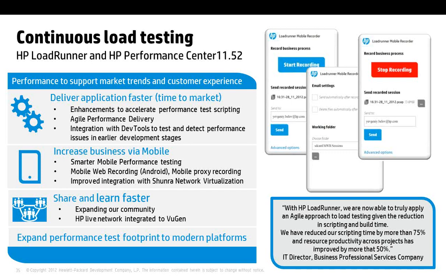You no longer have to wait for the application to be entirely built so that you can record the scripts in Virtual User Generator. Today we have the capability to enable earlier load testing in the cycle by enabling unit testing and, of course, continuous integration systems executing load tests.